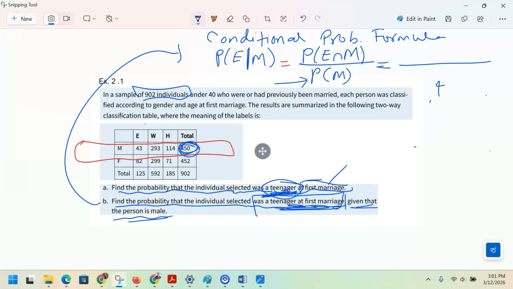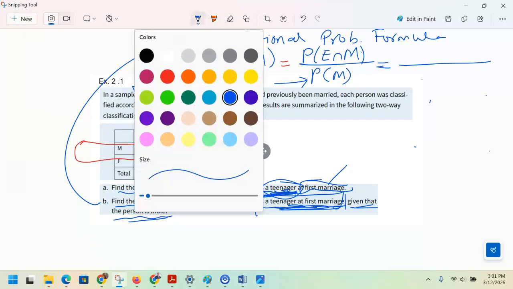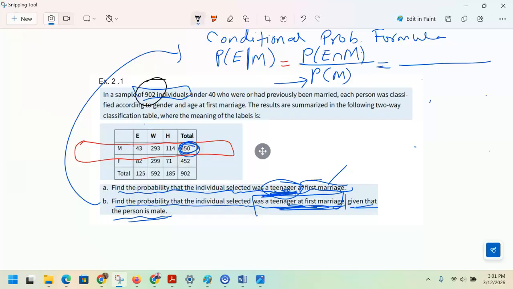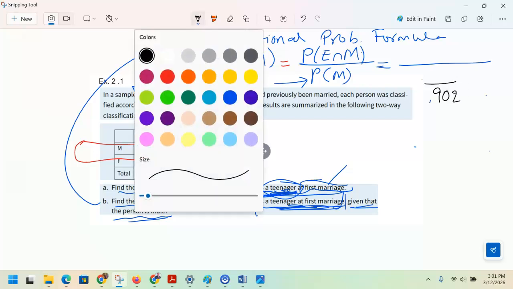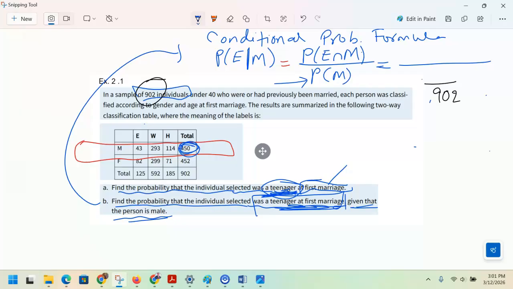So out of 450, and the total of all individuals is 902, the probability of being male is 450 out of 902, so this 450 goes right here. Then there is a division, right?